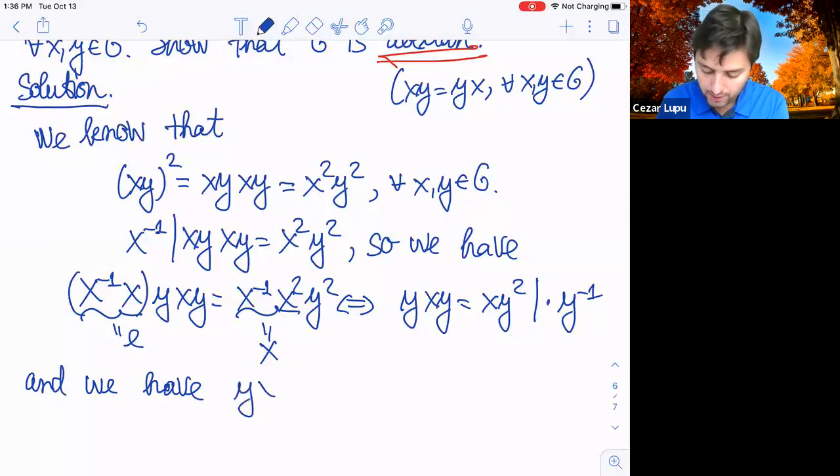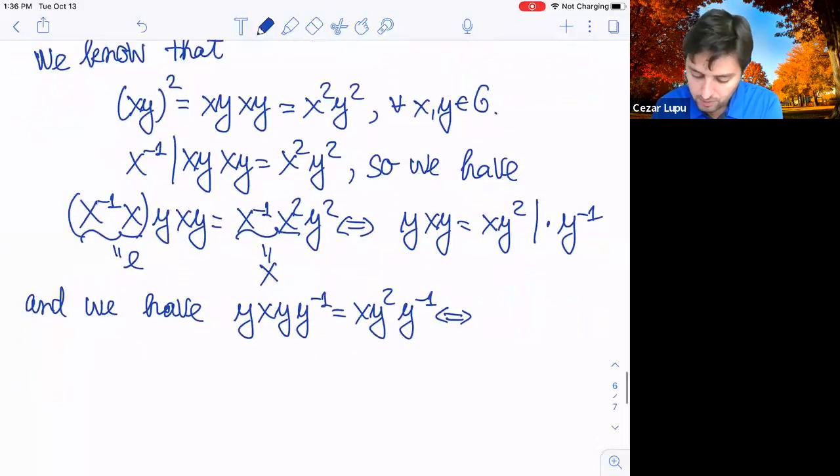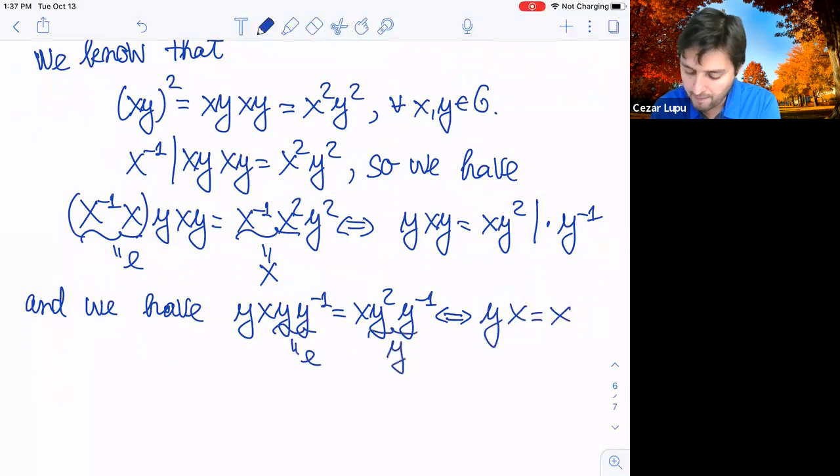So I have y x y y inverse, which is x y squared y inverse. If you look at it, we can associate these two in any way. So this will be the identity. So it'll be y x equals x, and this guy will give me y, which is exactly what we wanted to prove.